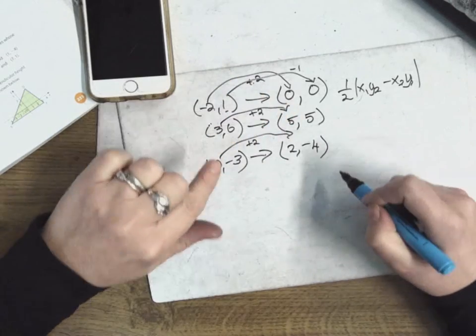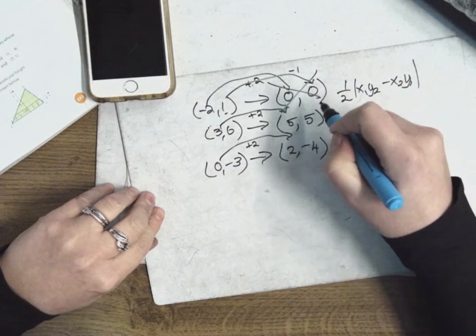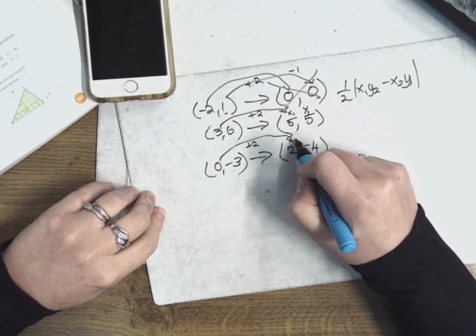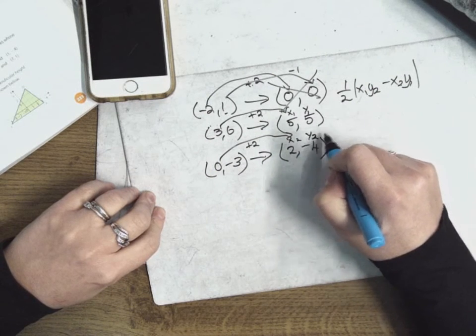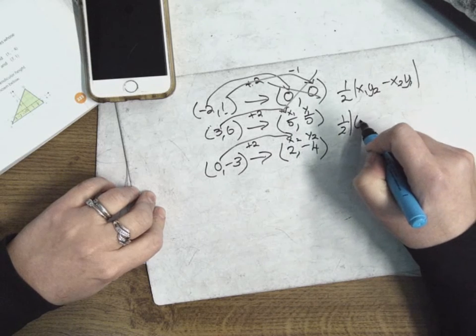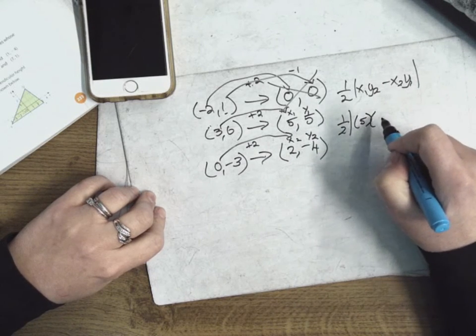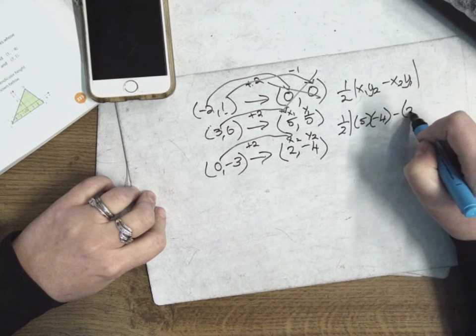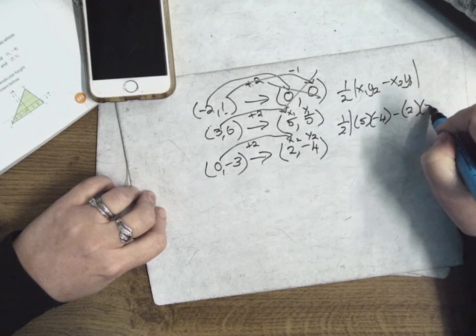So one of them is 0, 0. Call this one x1, y1, x2, y2, and you fill it in. So it's a half times x1 is 5, y2 is minus 4, minus x2 is 2, y1 is 5.